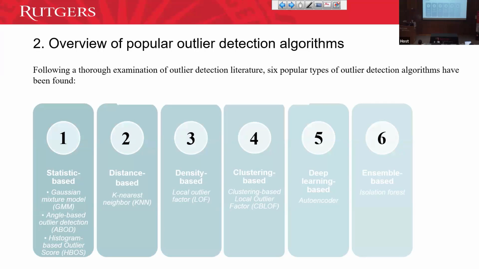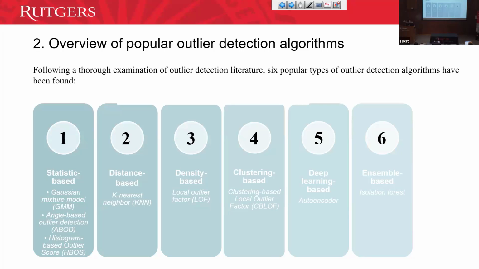Okay, we understand that it's really promising to apply these methods in the audit domains. In this slide, I'll show you a brief introduction of popular algorithms in these domains. We have performed a very comprehensive examination of prior literature, especially in the computer science domains, and we have identified six popular types of outlier detection algorithms: statistic-based, distance-based, density-based, clustering, deep learning, and ensemble-based.